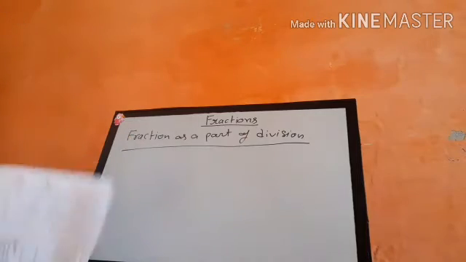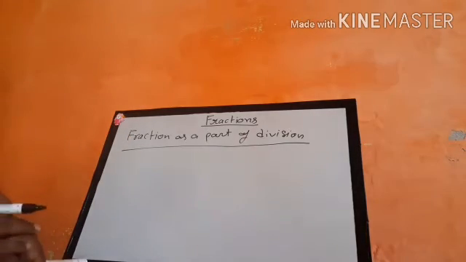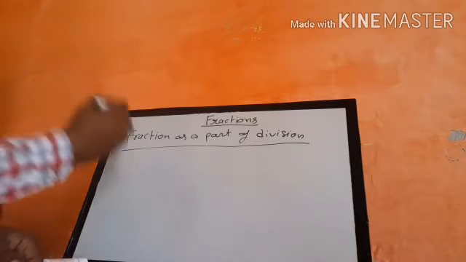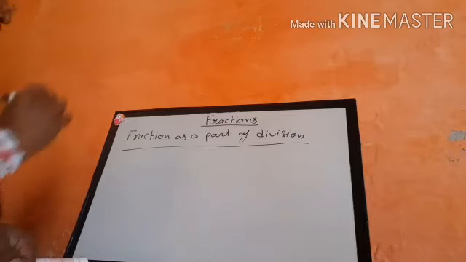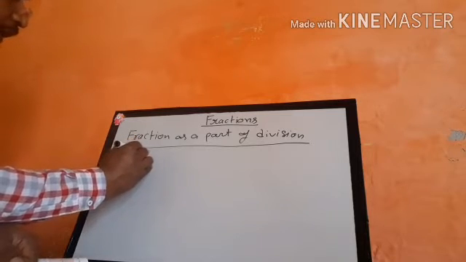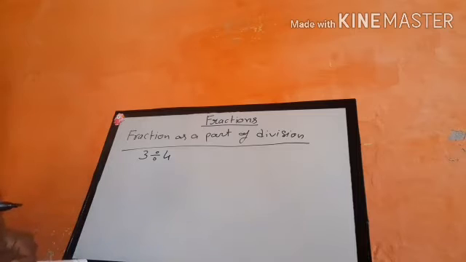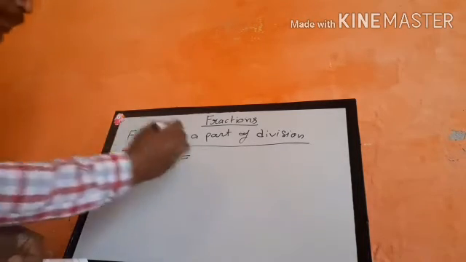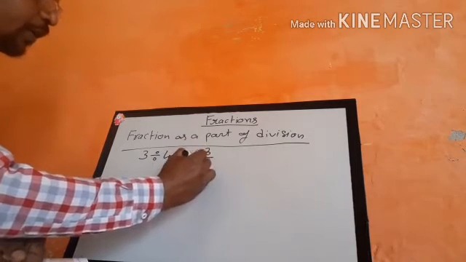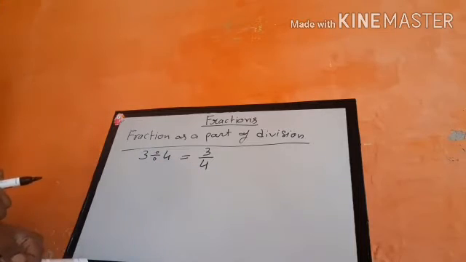How? Let's see an example. Suppose that 3 divided by 4. Keep it in your mind. So we can write 3 divided by 4 like that. This can also be written in fraction form, meaning 3 upon 4 or 3 divided by 4.